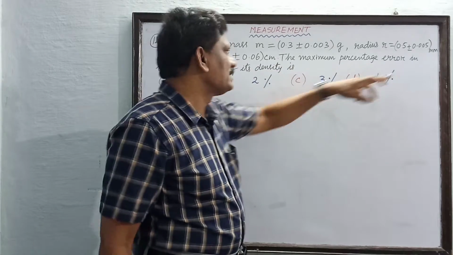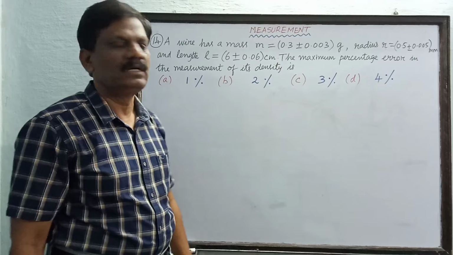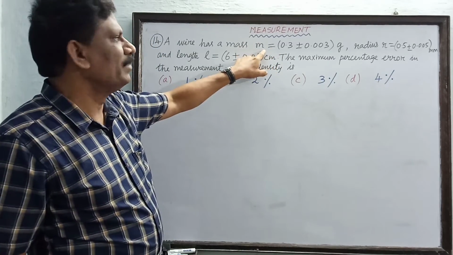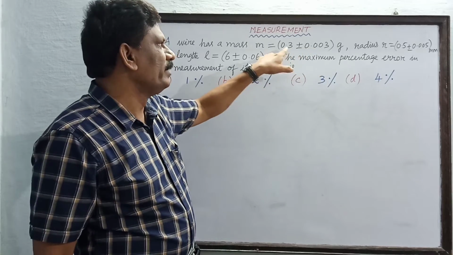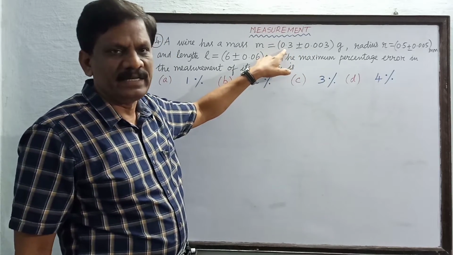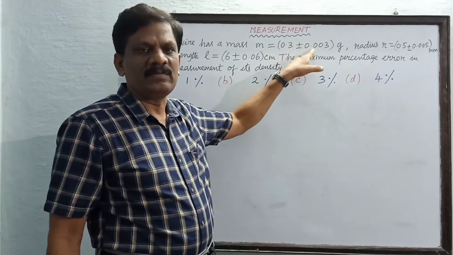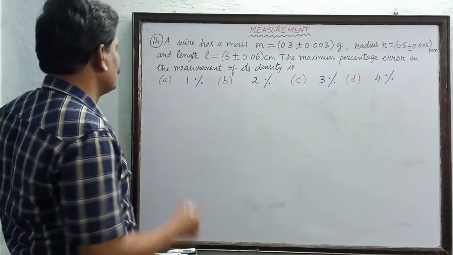The maximum percentage error in the measurement of its density we have to find out. Now in the bracket, mass m is 0.3 plus or minus some value. Actually mass is m equal to 0.3 gram and the absolute error delta m in the measurement of mass is 0.003 gram.